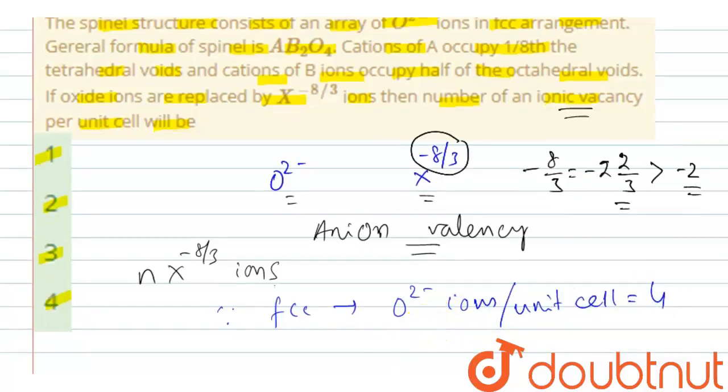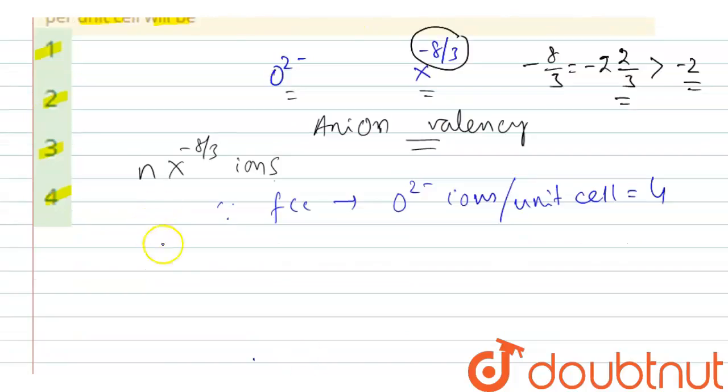Now let us find out 4 oxide ions is equal to how many X minus 8/3 ions. Let it be n. Therefore, 4 oxide ions is equal to n X minus 8/3 ions.